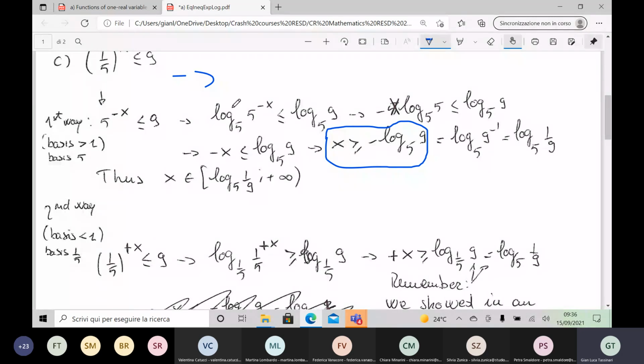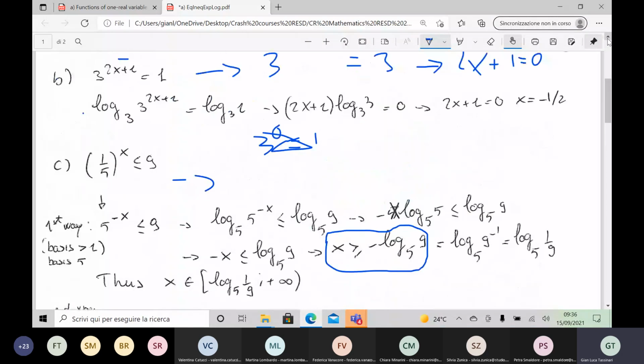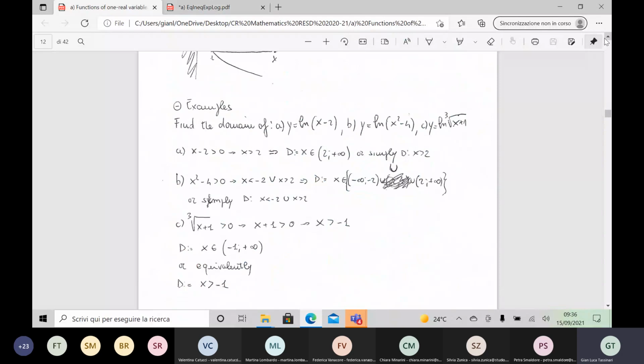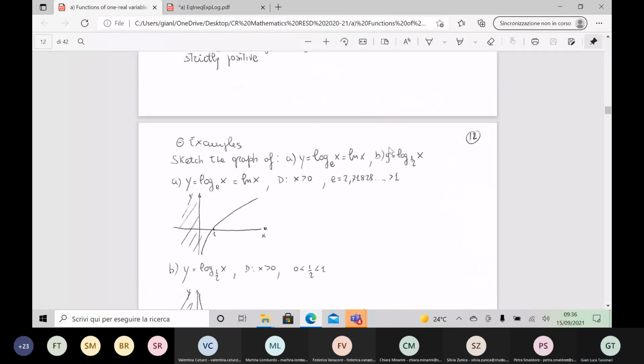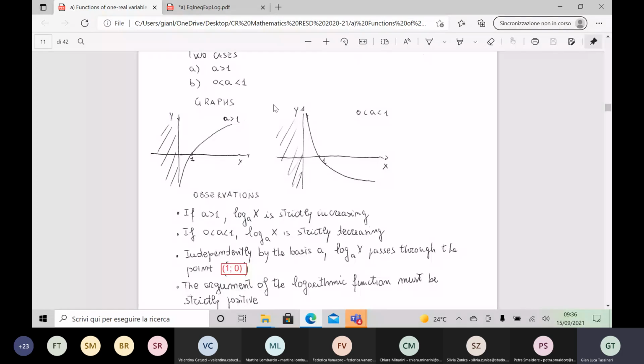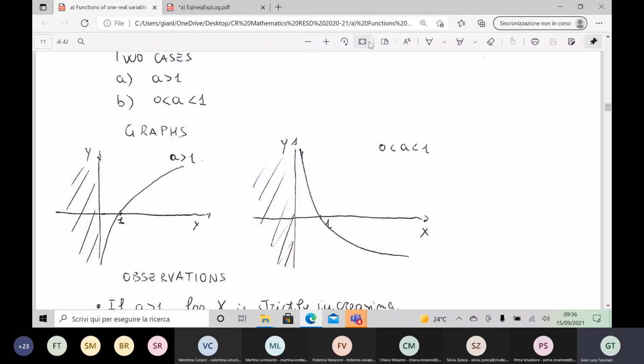In particular, if you go back, we look together again at the graph of the logarithm with different bases. Let me increase, I show you better.